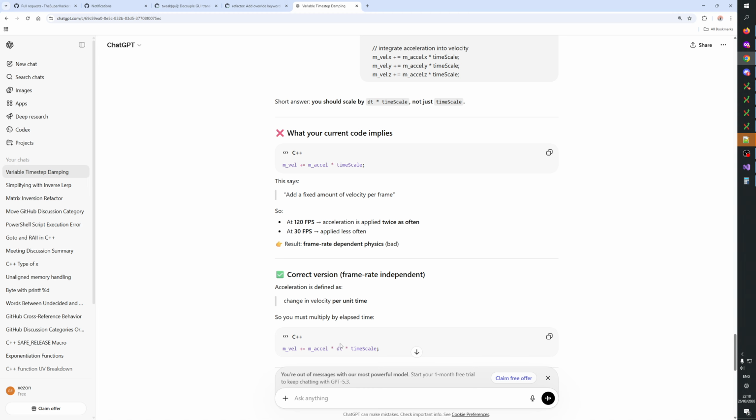Yeah, frame rate dependent physics. But it already contains, I don't know, I would have expected that this is correct. Why do we need to... dt times dt.